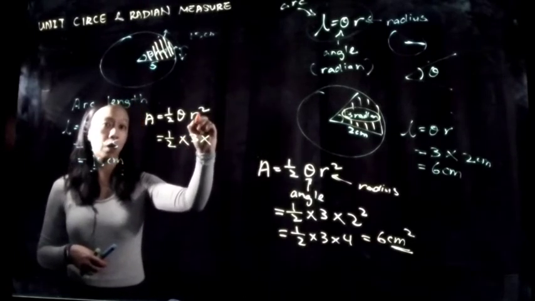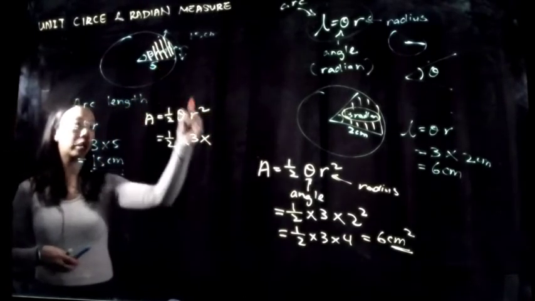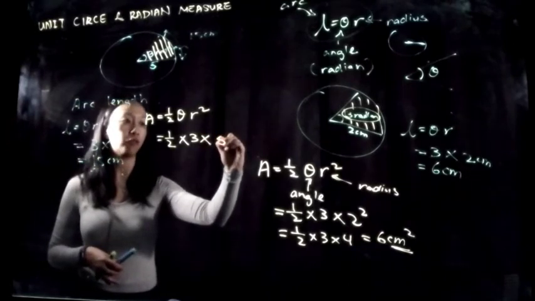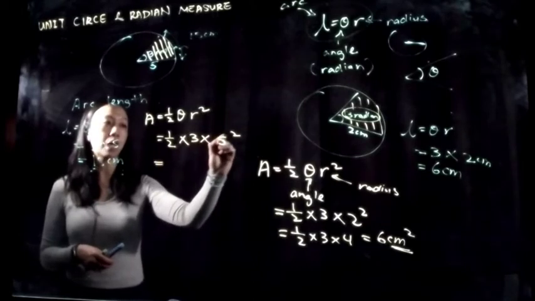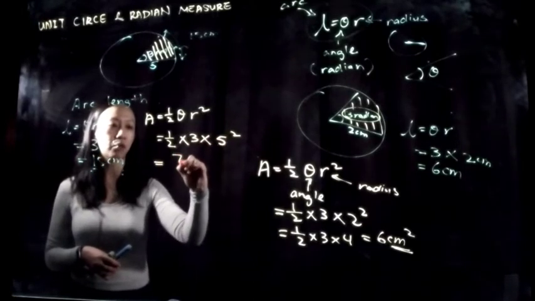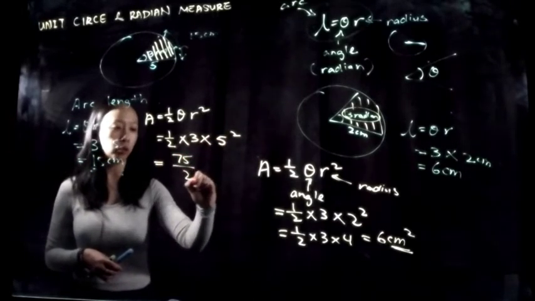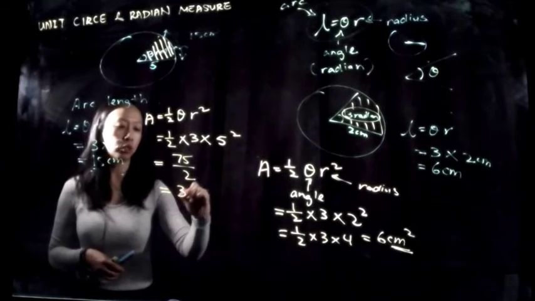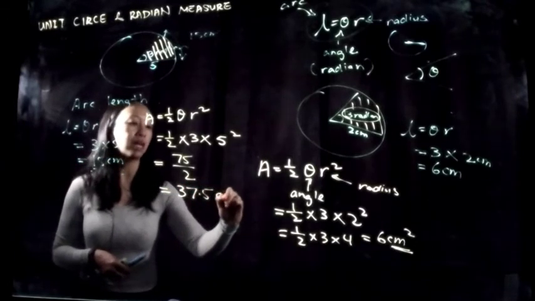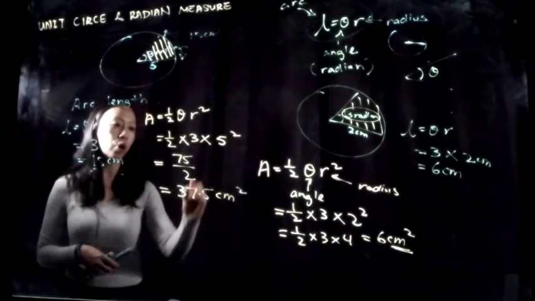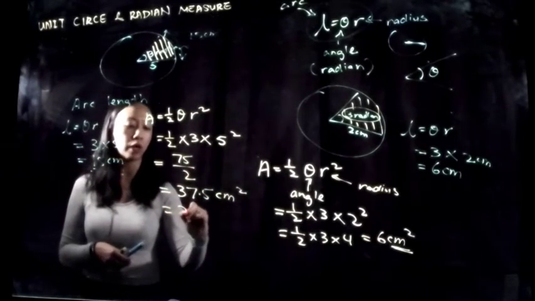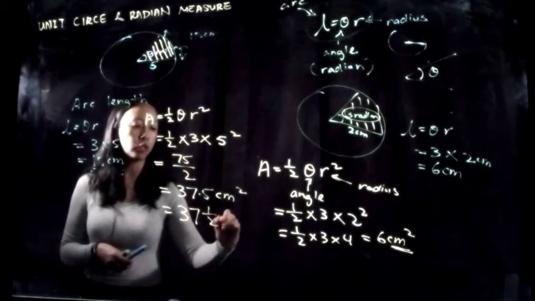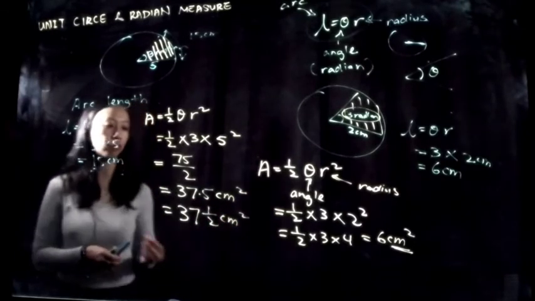R is the length of our radius, which in this case is 5, squared. So 3 times 25, we get 75 divided by 2, which is equivalent to 37.5 centimeters squared. If you write it in this format, that is fine, or if you want to write it as 37 1/2 centimeters squared, that is fine too.